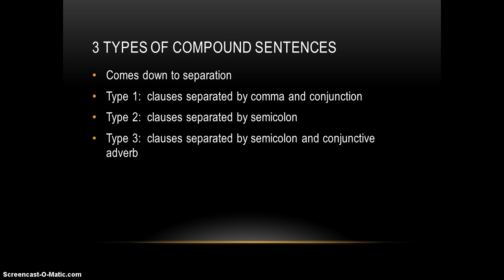You've got three types, and those types are determined by how your independent clauses are separated. As in the example I just provided, the independent clauses are separated by a comma and a conjunction, but you can also separate the independent clauses by just a semicolon, or you can separate them by a semicolon and a conjunctive adverb.